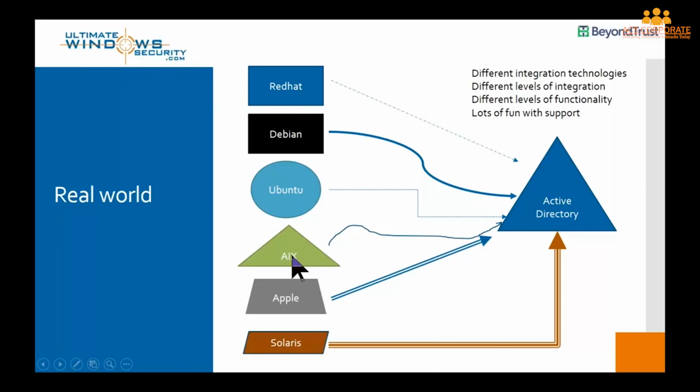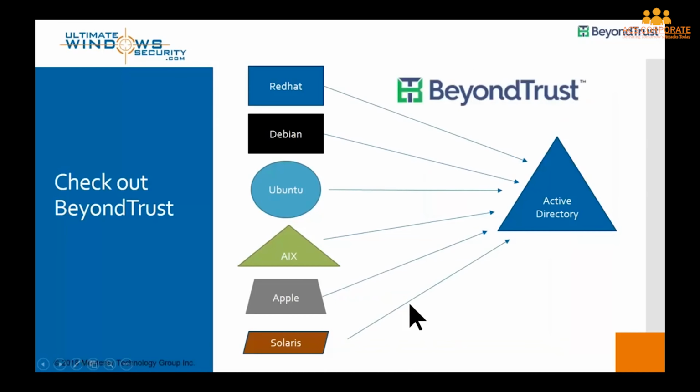You saw that between Red Hat or CentOS and Ubuntu, right? We used Realm on one and Net on the other. There are going to be different levels of functionality. You're going to have lots of fun with support, and that's just the way it is. That is the reality of the Linux world when you try to do this stuff yourself with the functionality out of the box.